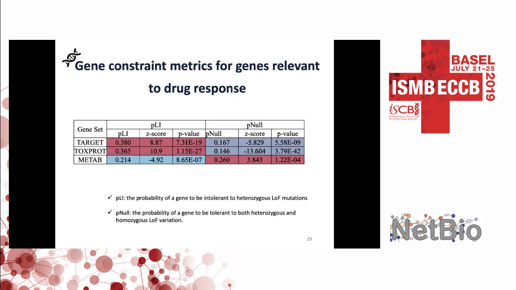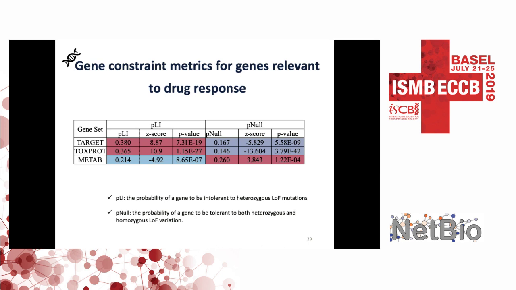So when we assess the 3 sets of genes for these gene constraint metrics, what we observed is that both the target set and the ToxProt set of genes have large values of pLI, so they are quite intolerant to loss of function variation, while the METAP gene set shows a tolerance compared to the other genes in the genome.